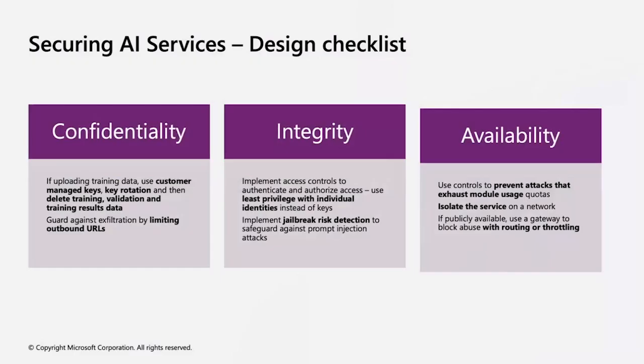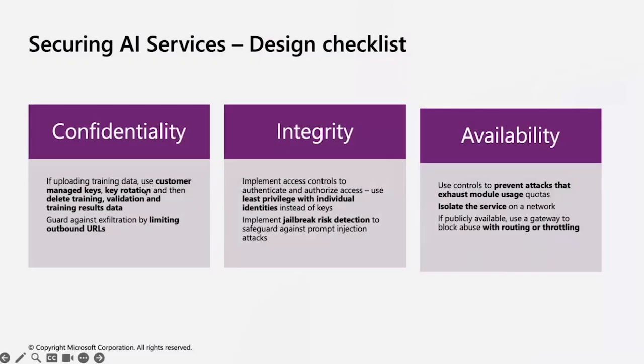What we have in this: if you are uploading training data, basically we upload training data in OpenAI services to get trained on different kinds of data to answer different kinds of prompts and requests.